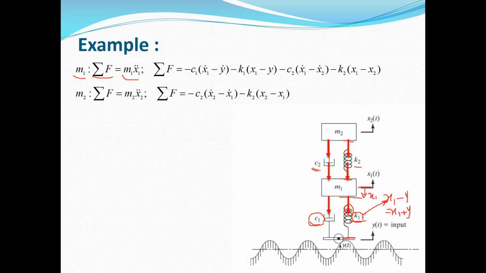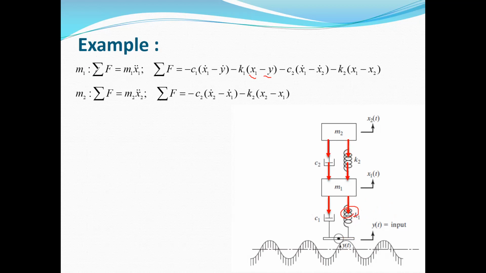So the force would be equal to K1 multiplied by the summation of x1 and y. But here we assume that the direction is upward for x1 and x2. So you can see here the force in the spring K1 is x1 minus y, of course, because we assume that this force is in the downward direction.